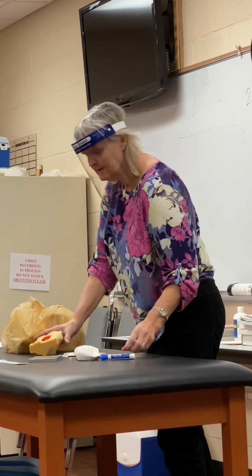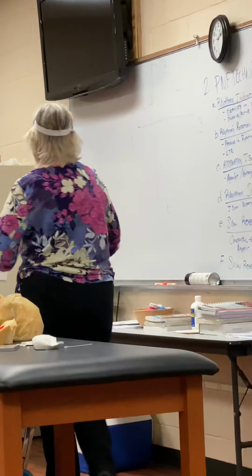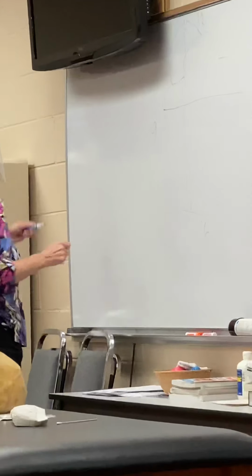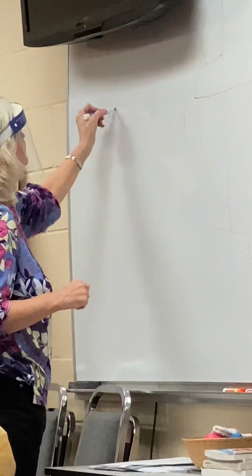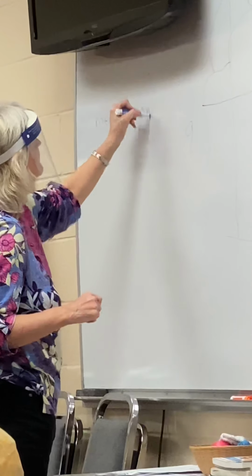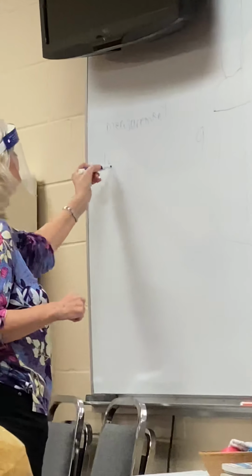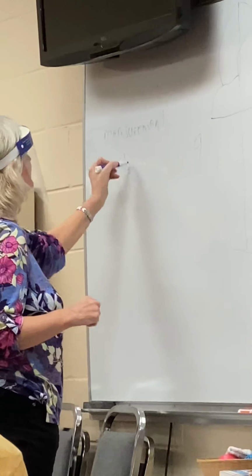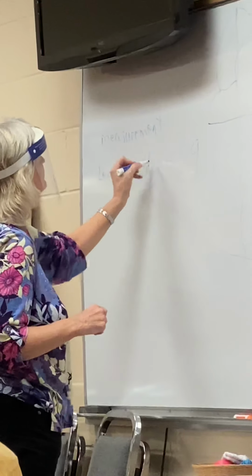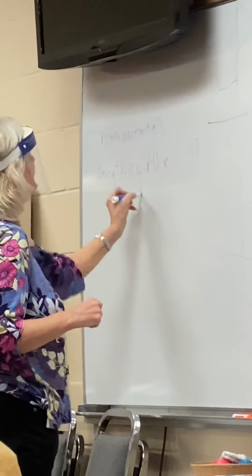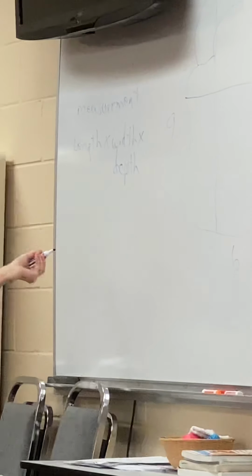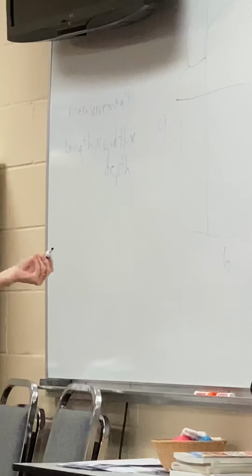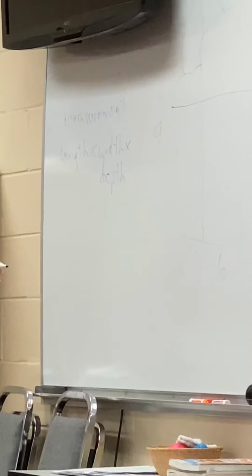So the way that you document it is your measurement would be your length times your width times your depth, and that's going to be in the metric system. So it's probably going to be in millimeters or centimeters or some metric.